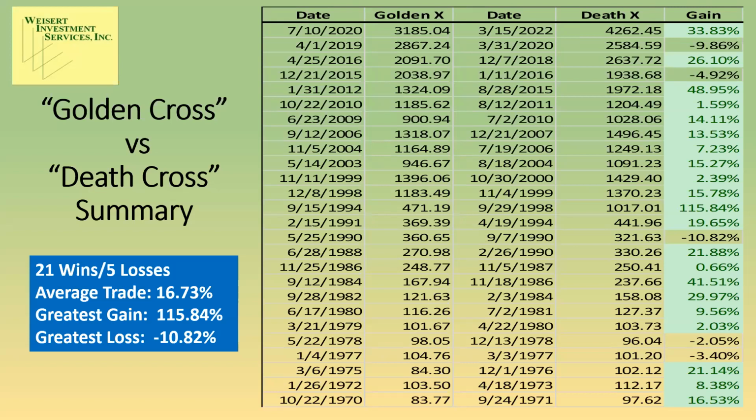But you can see here, in the summary box on the left side, you're showing 26 instances that this cycle occurred. The average trade was about 16.5%, 16.7. Greatest was in 1994, well over 100. And the most important part is that the greatest drawdown, or the greatest loss, was 10.82%. So that encompasses all of the different crosses over the last 50 plus years.